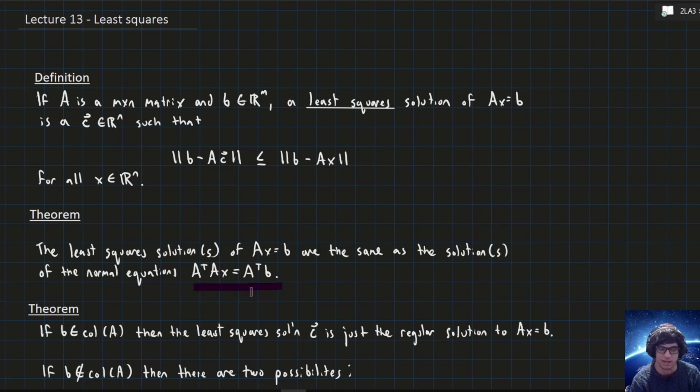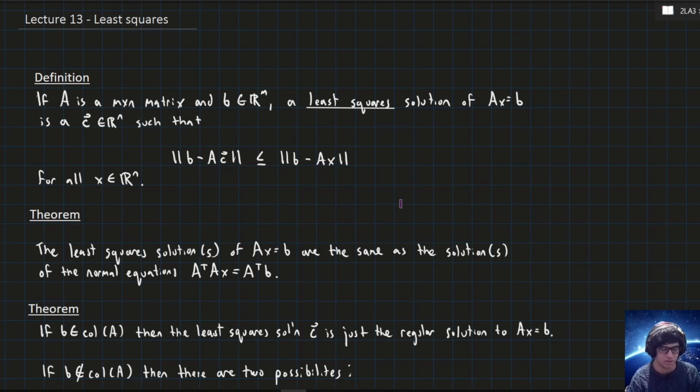And since A transpose times A is a square matrix and more nicely behaved, this will have a solution. So those are the normal equations, and the solutions to this are the least squares solutions. You can see a proof of why that is in the book.